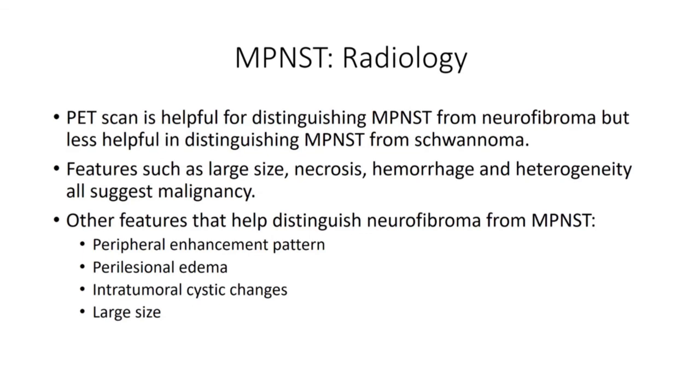For MPNST workup, sometimes a PET scan can be helpful, but even with the advances in technology, tissue diagnosis, like everything else, is the standard. Because nerve tumors are so difficult to resect the second time around, a lot of people will advocate for a gross total resection the first time around as opposed to a biopsy.